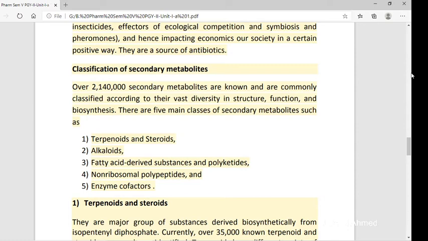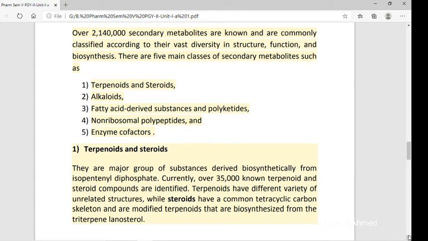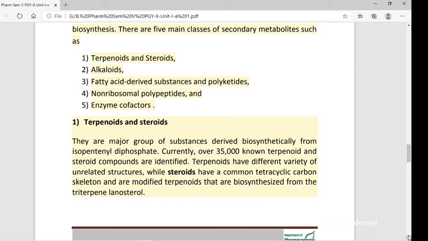Among these, 5 are the main classes. These are the terpenoids and steroids, a major group of substances derived biosynthetically from isopentyl diphosphate. Currently, 35,000 terpenoid and steroid compounds have been identified.